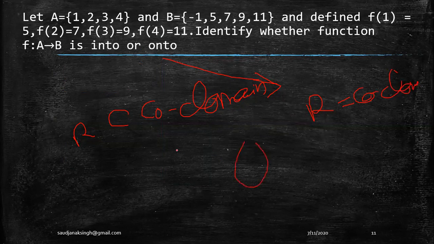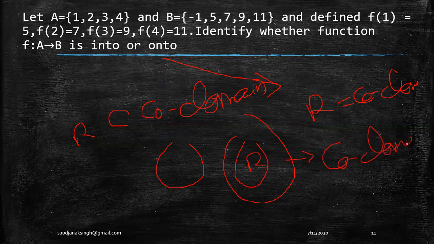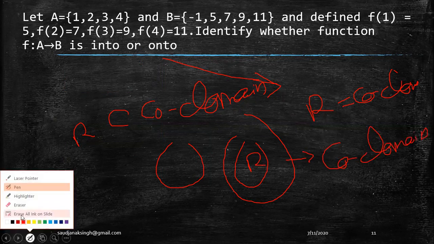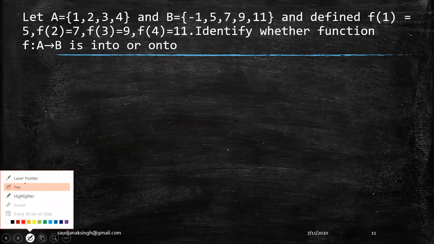If you draw the arrow diagram like this, this is the range, this is the codomain. Now remember this concept, it is applicable to this question.